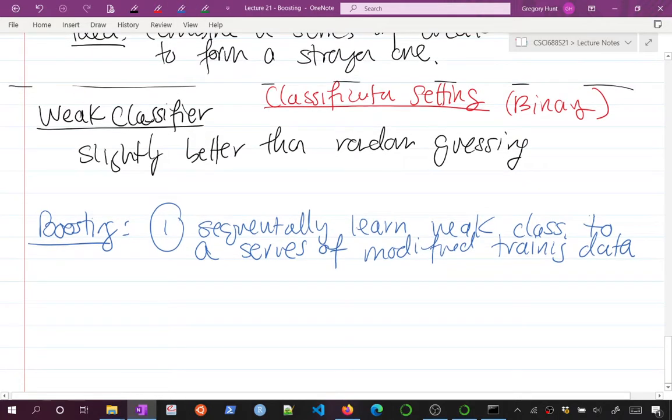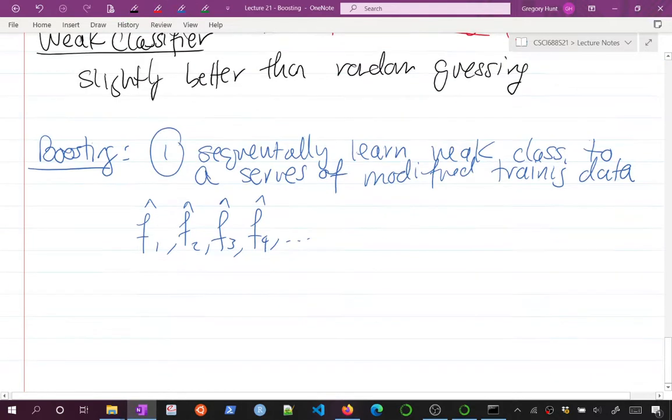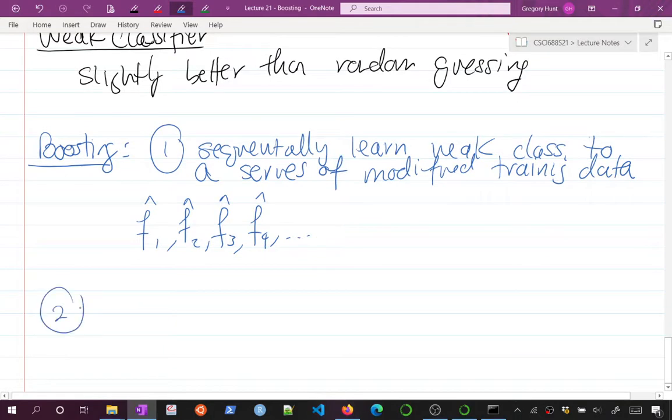So what we're going to do is build a series of classifiers: F1 hat, F2 hat, F3 hat, F4 hat, and so on. Every time we build a new one, in each iteration, we're going to fit it to a slightly modified version of the data set.